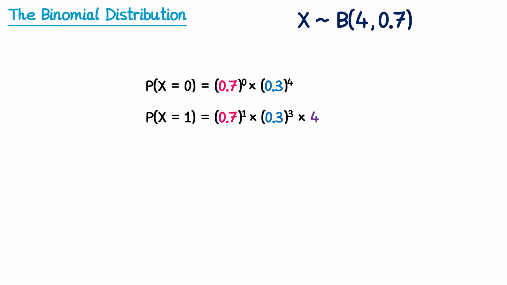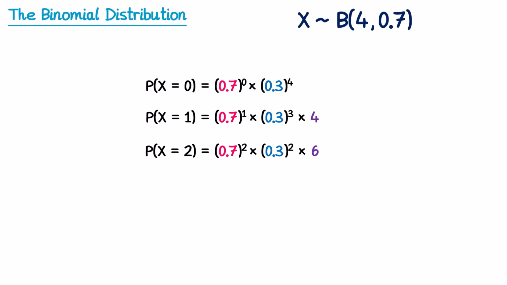So for the probability that x is equal to 2, we would be successful twice and therefore fail twice. So we'd have the probability of success 0.7 to the power 2, multiplied by the probability of failure 0.3 also to the power 2, and if you recall there were 6 different ways of doing this one, so we multiply by 6.